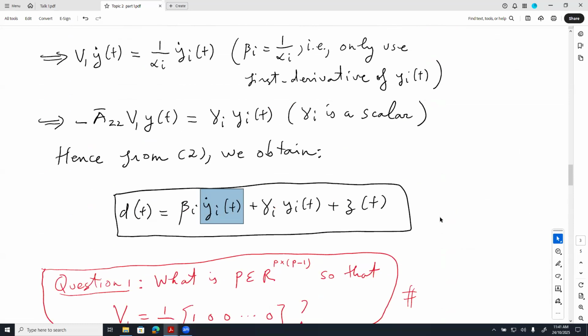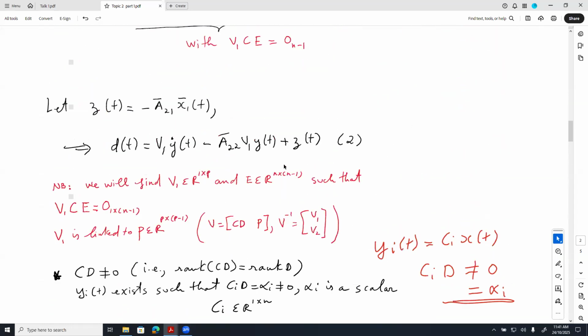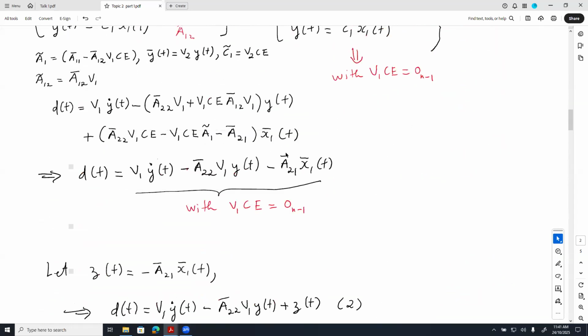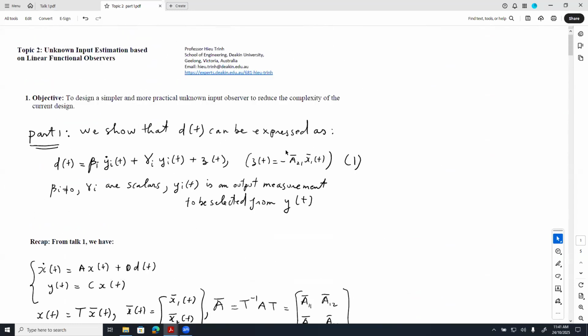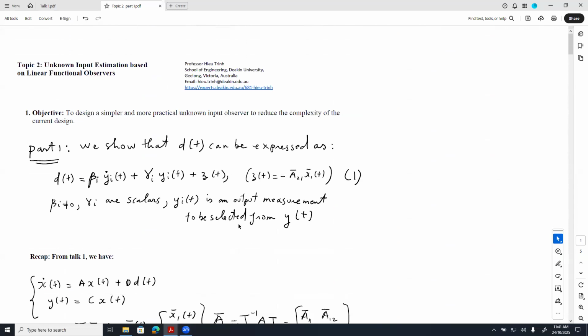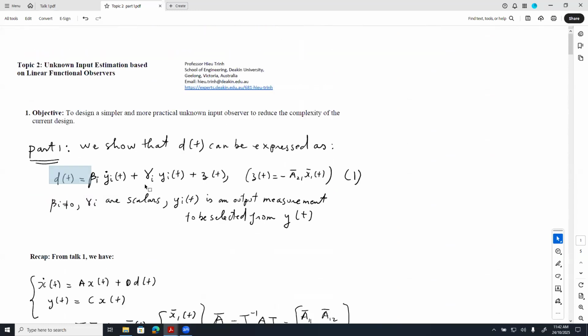And in this simplified form, we only need to use the first derivative of one output measurement. We will not have the situation where we might end up using the derivatives of p output measurements. Okay, so how did we achieve this decomposition?